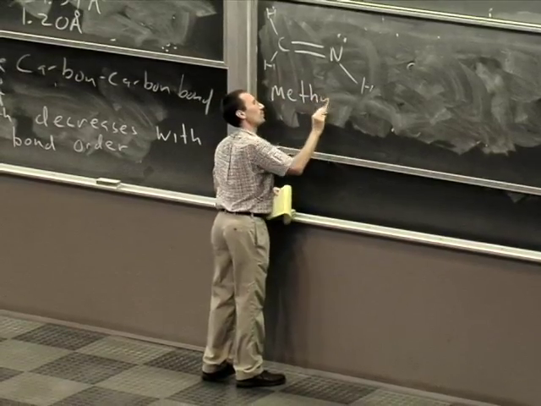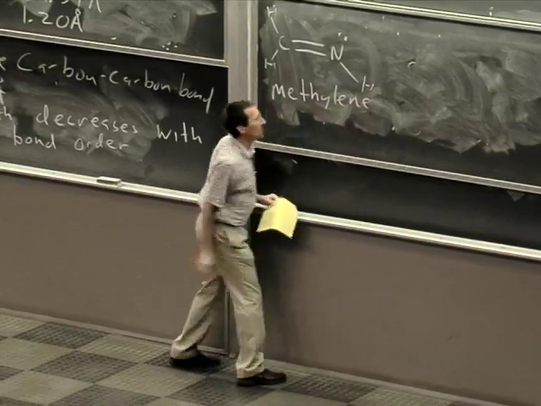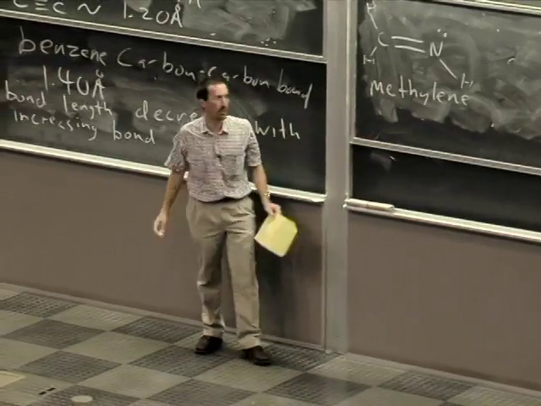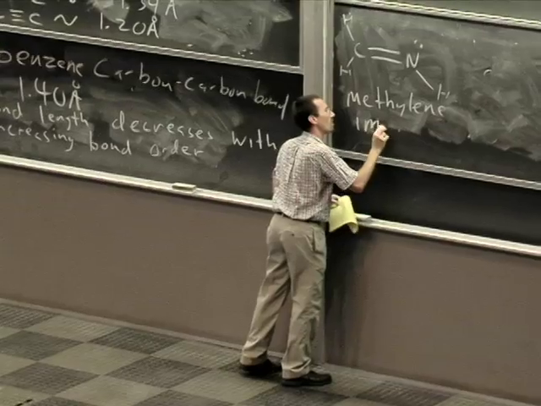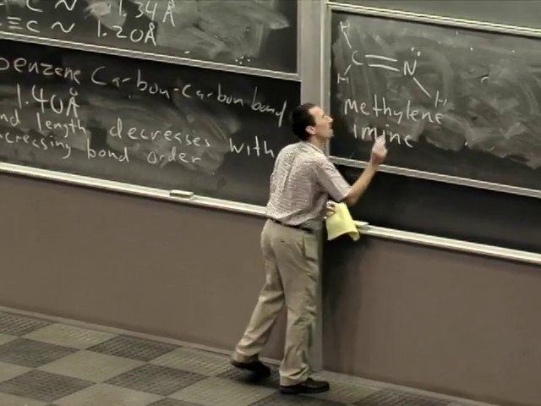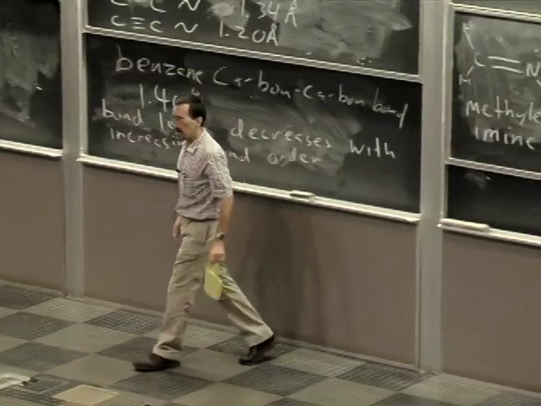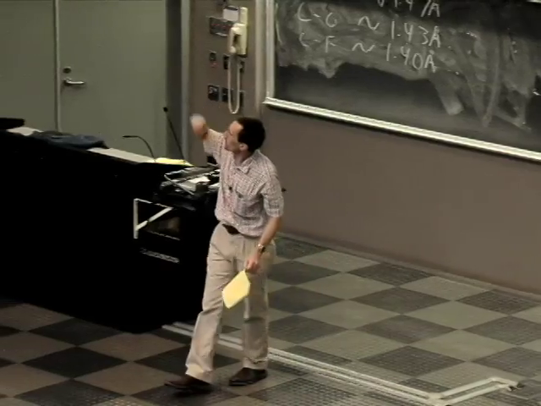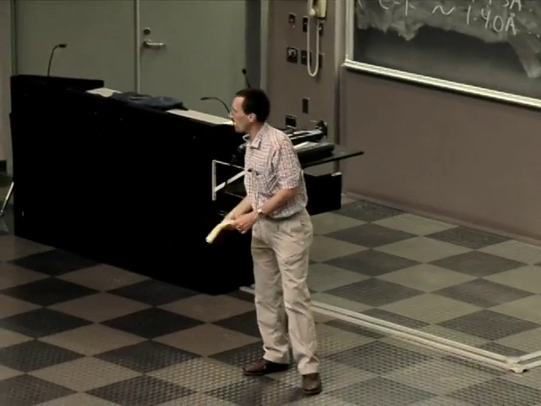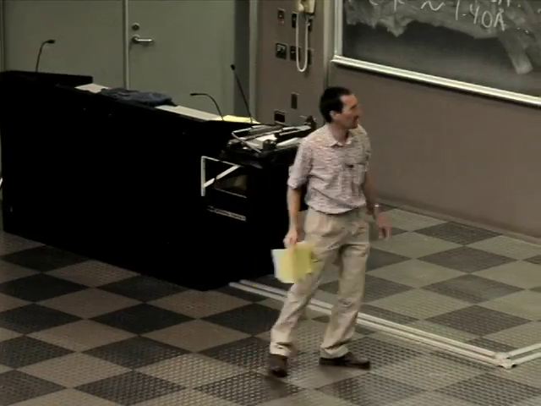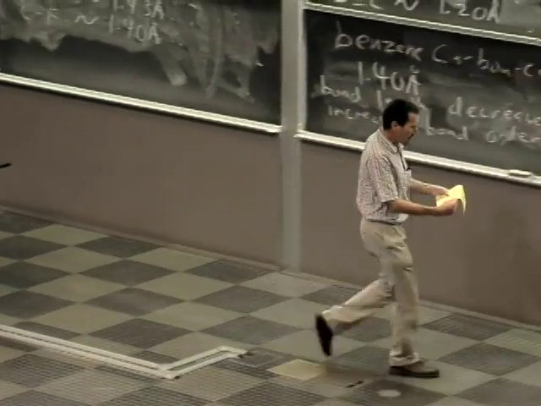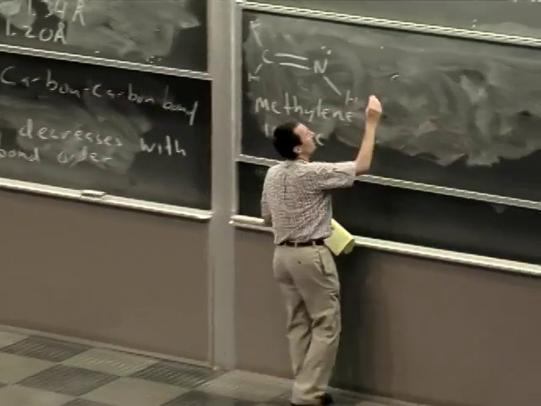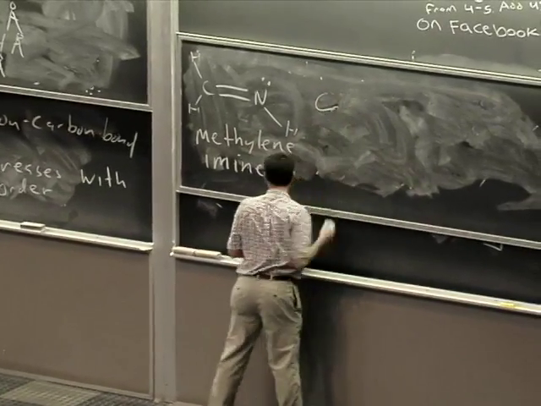We're seeing a lot of weird molecules, but it's also helping us get used to writing the structures of organic compounds. So it's the cousin of formaldehyde because nitrogen is very similar in some ways to oxygen, except with one more valence. Let us imagine now a couple of other molecules for comparison.